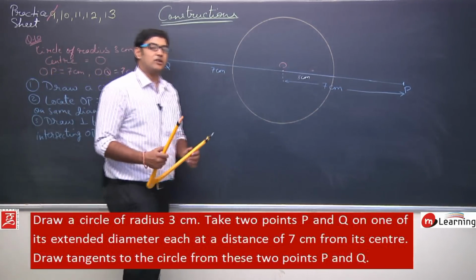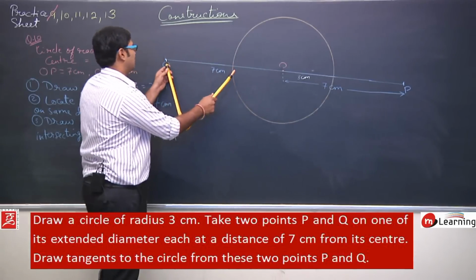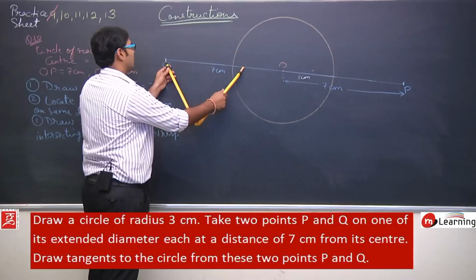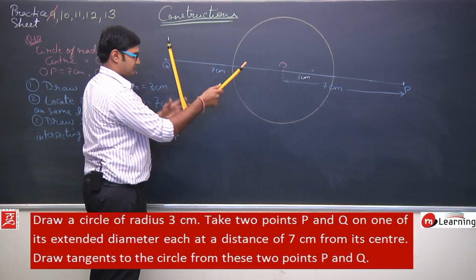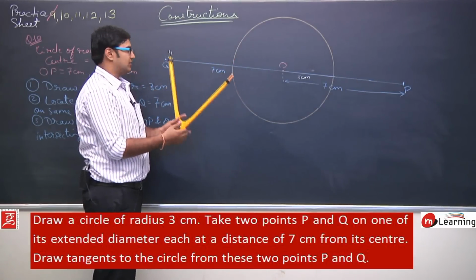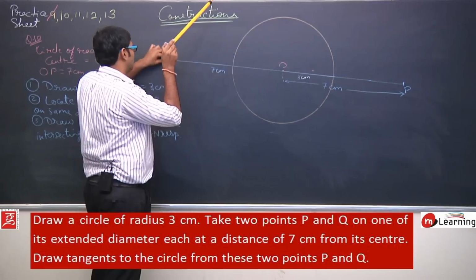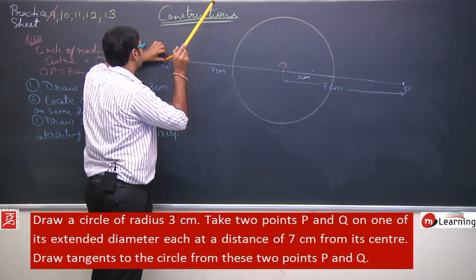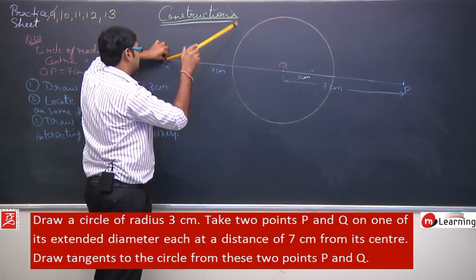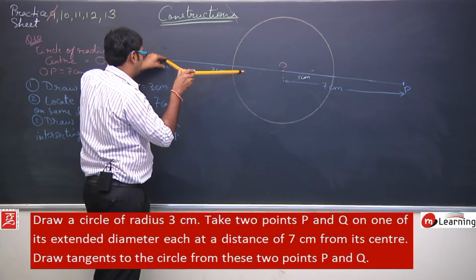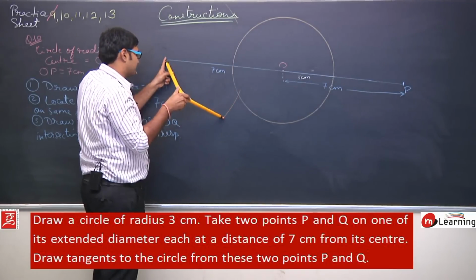How to draw the perpendicular bisector? I will take some radius which is more than half of this OP and OQ. So let us say this is the radius. I can take this much radius, and using this radius I will draw two arcs from this point Q like this, and one more arc like this.